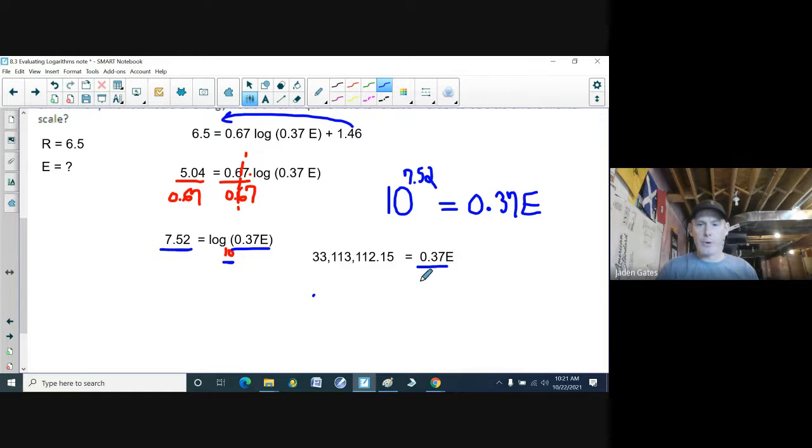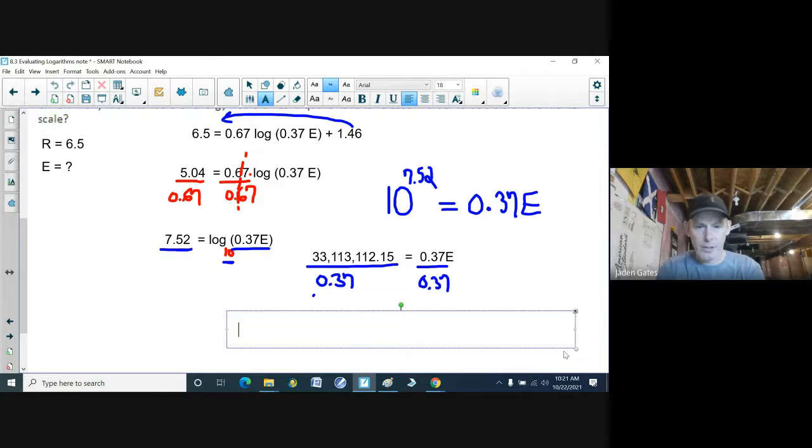So I'm going to divide both sides by 0.37, so this 33 million number is going to get even bigger. And so the amount of energy released, because these 0.37s are dividing each other out, is equal to 89 million, I think, 494,897.7. That's a lot of energy.